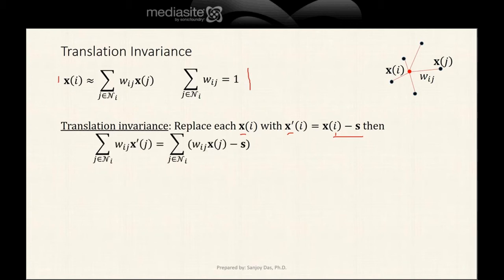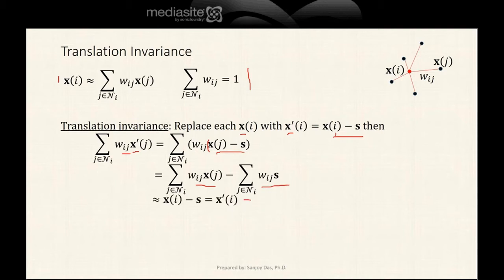So now let's look at what happens to the same weighted sum of the xj primes. Since each xj prime is xj minus s, this is what we have. Actually, the parenthesis should be here, which is equal to, now I open up the parenthesis, summation wij xj minus summation wij s.